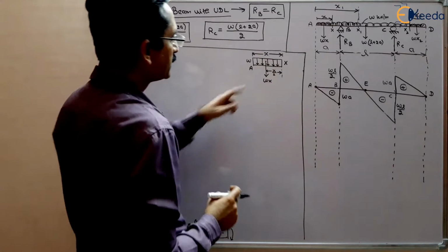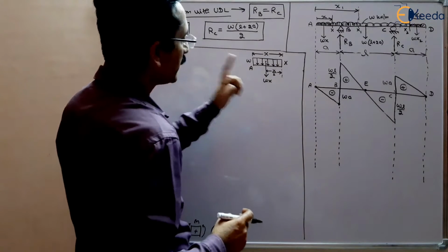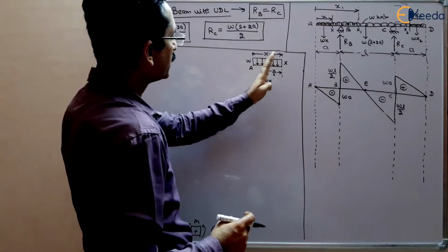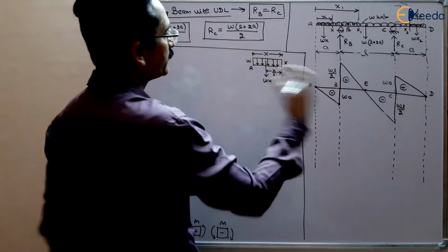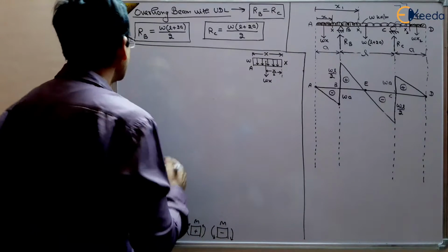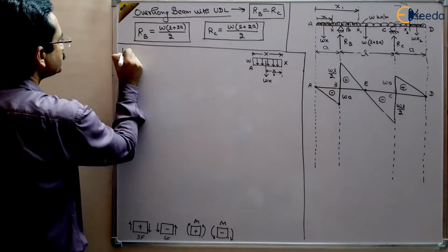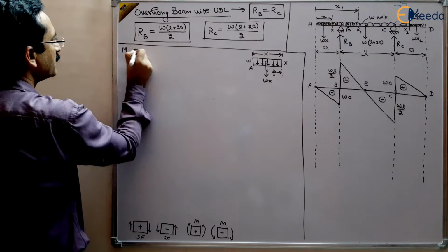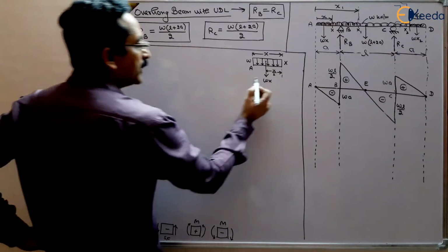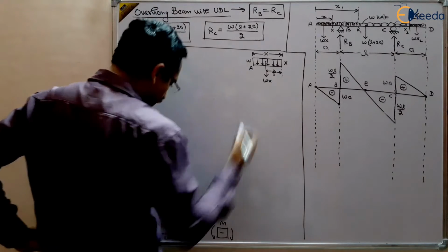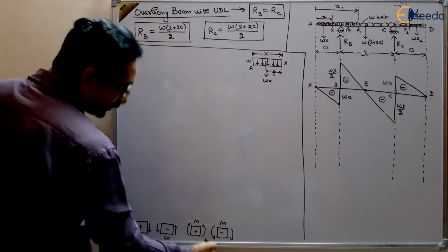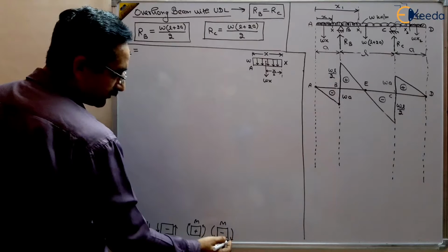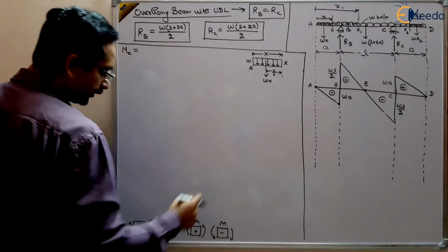And we have to take the moment of all the forces to the left or right of the section to find out the bending moment. We are taking left of the section. So Mx will be equal to the moment of this, and this is anti-clockwise to the left, which is negative, right? So this is hogging bending moment.